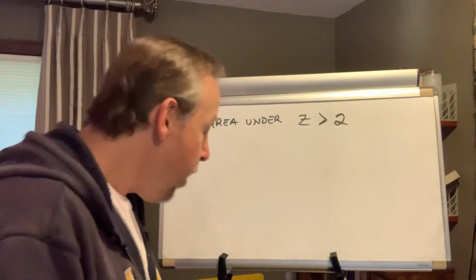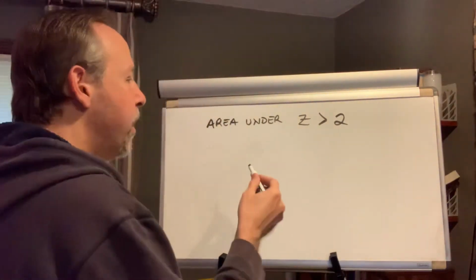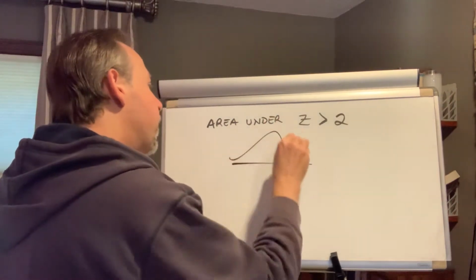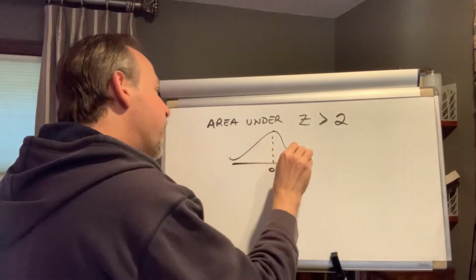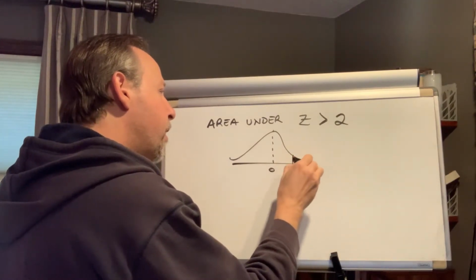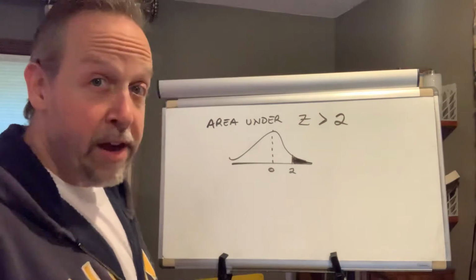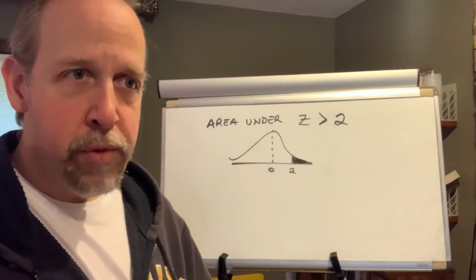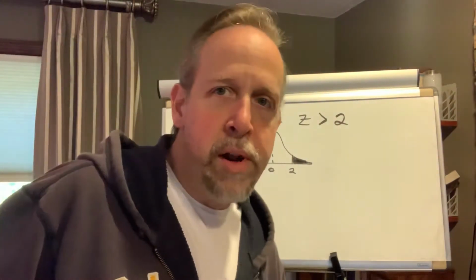Because what it's really saying here is, here's my curve, here's where z is 2, I want this upper area. Now again, on the table, you would have had to find the area under 2 and subtract from 1. But we don't have to do that now.